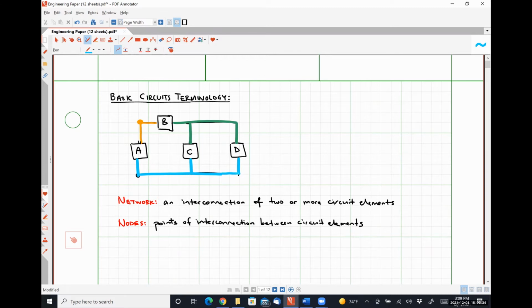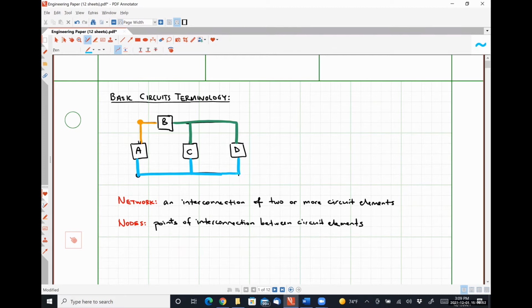So when we have multiple nodes present, I like to identify them using different colors because it helps me see and understand how the different elements are connected together, okay?